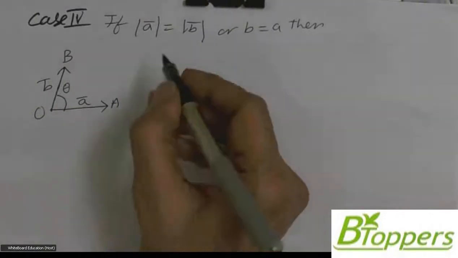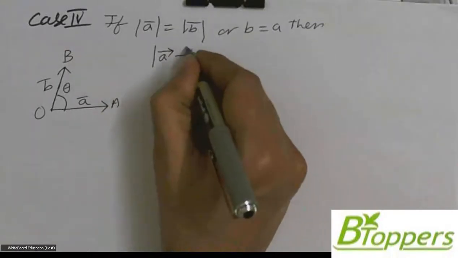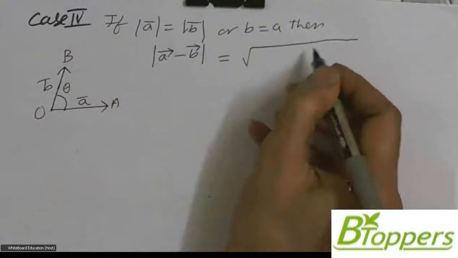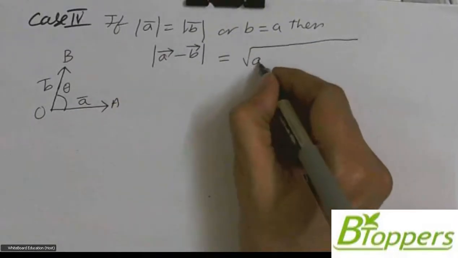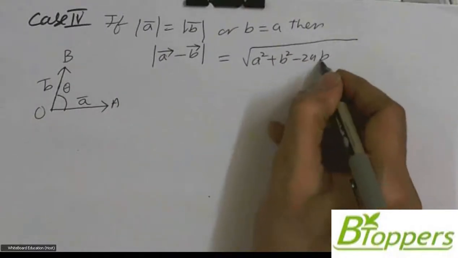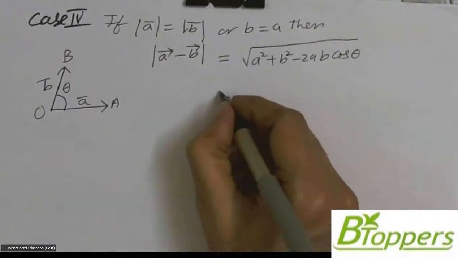But you cannot write b bar equal to a bar. Then magnitude of the vector difference a bar minus b bar, as I have discussed earlier, is equal to root of a square plus b square minus 2ab cos theta.